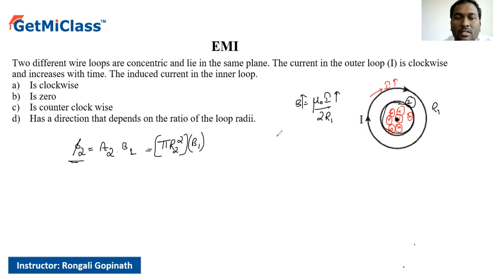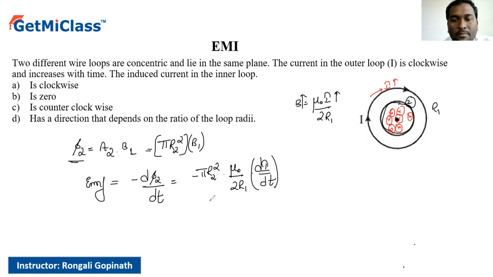Because of this change in flux, an EMF is induced, which is given by minus d phi by dt, that is minus pi R2 squared times mu naught by 2 R1 times di by dt, right?